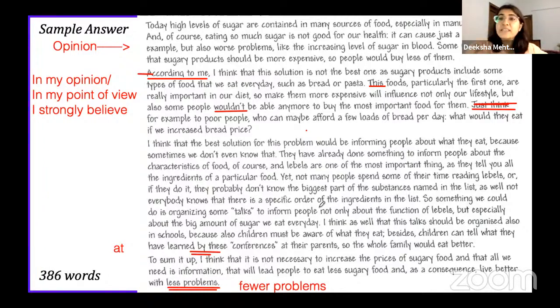So yes, the ideas are good, but the person has not phrased them properly, right? The structure could be a little more formal. It needs to be a little more formal, right?